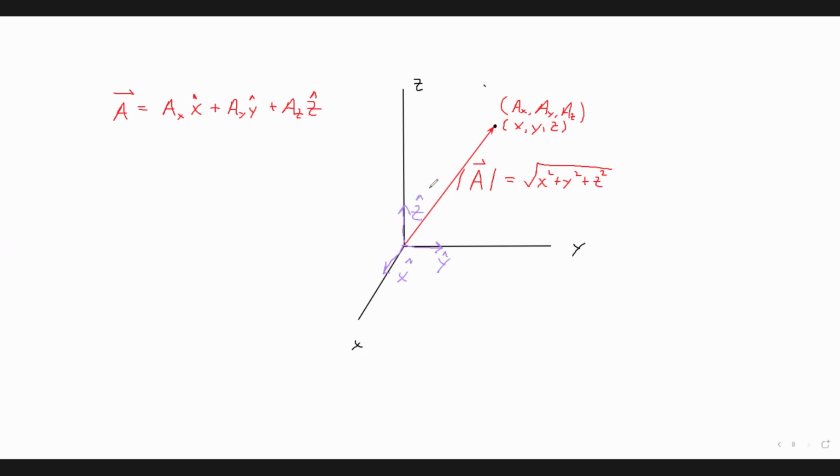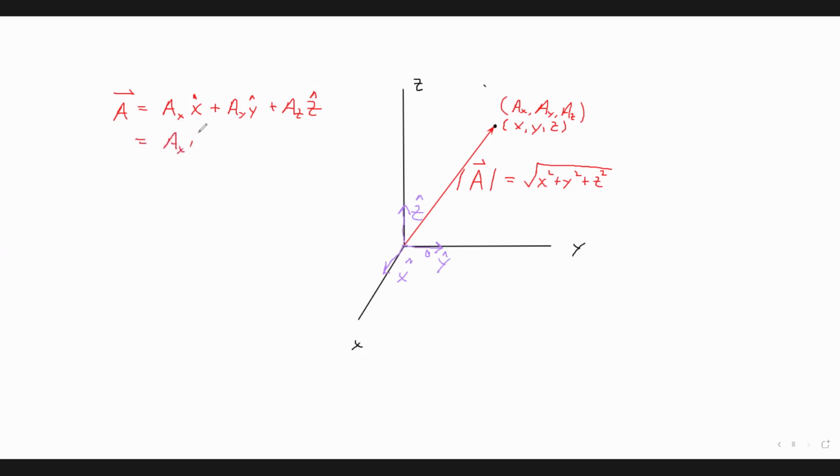So in order to get this component of the vector, I take the x coordinate and simply multiply it by this unit vector. Then I add that to the y component, which is multiplied by the unit vector in the y direction, and so on. Okay. Now it's actually customary to write this in another way, which you can do, either one, whichever makes you happy.